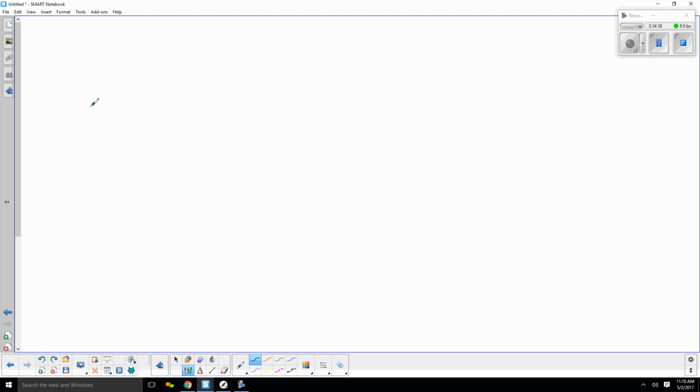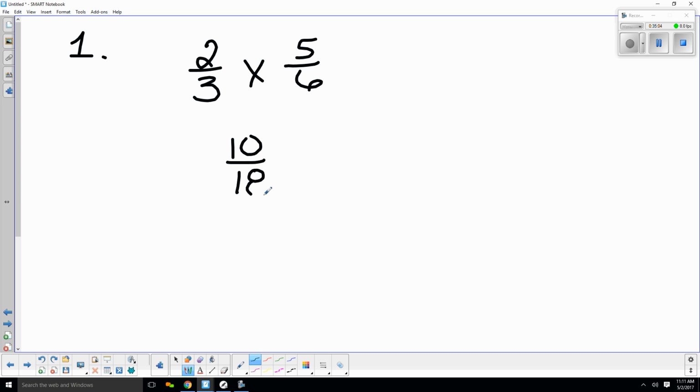Alright, now, number 1. It says, what is the product? The product means I'm multiplying. So we're going to take 2/3 and it tells me where the multiply goes, 5/6. So now this one, they're both fractions. I have no mixed number. I'm going to multiply my two tops. So 2 times 5 is 10. Multiply my bottom. 3 times 6 is 18.